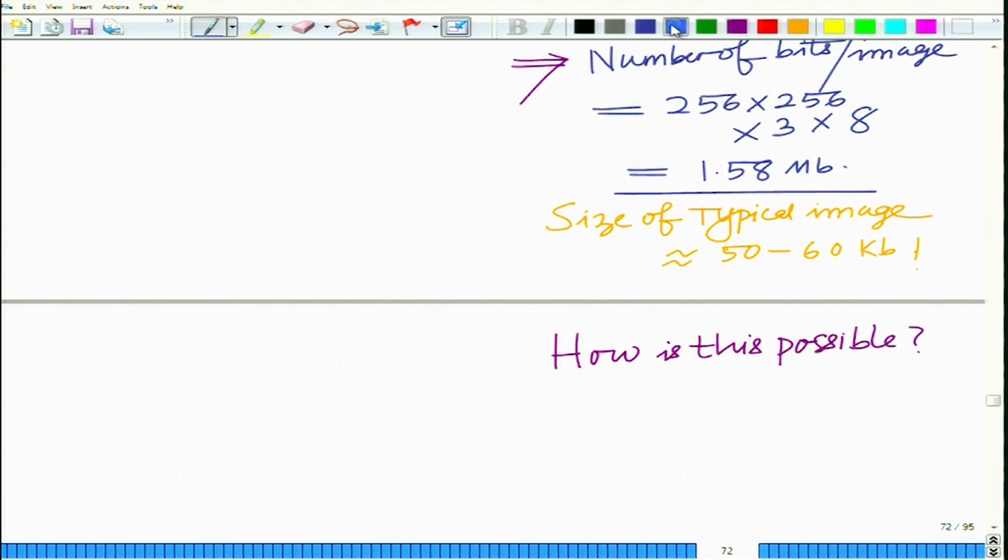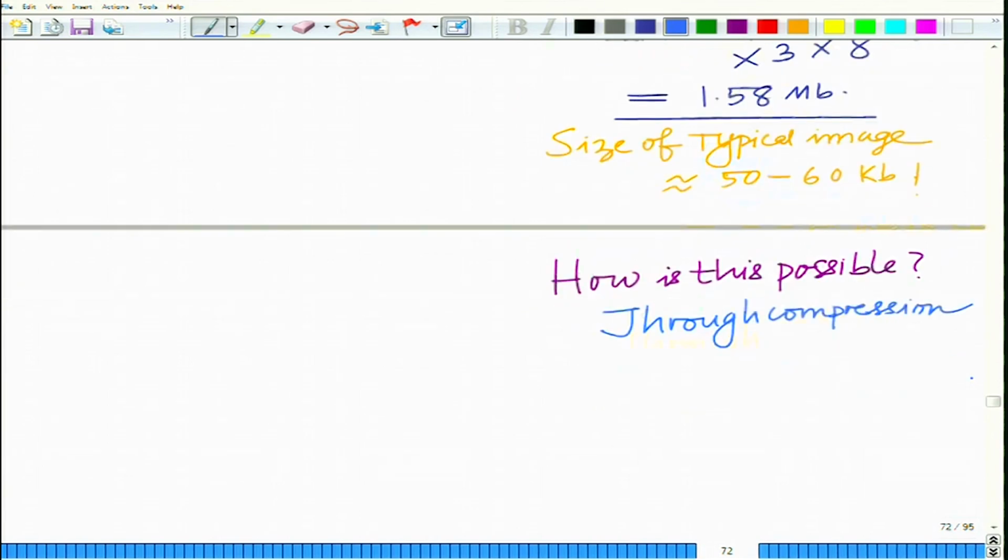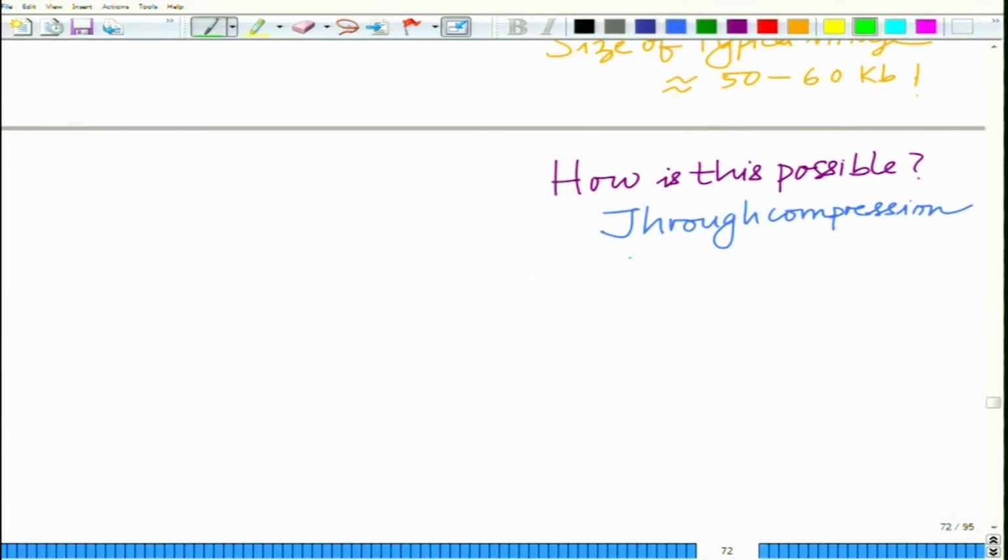This is possible through compression. For example, you have JPEG, GIF, these are various formats for compression.